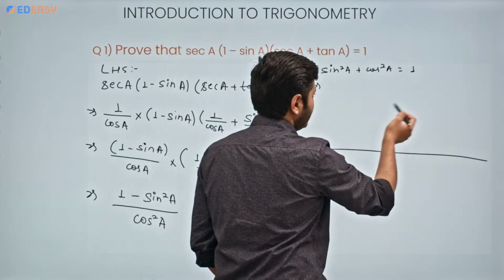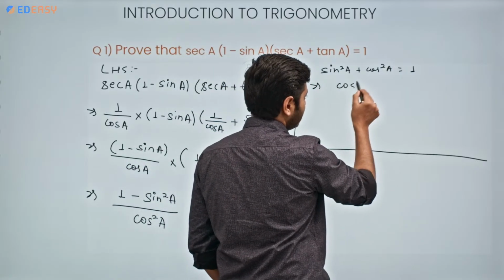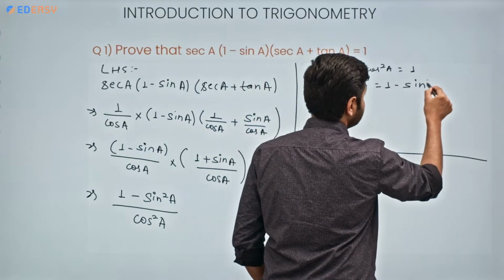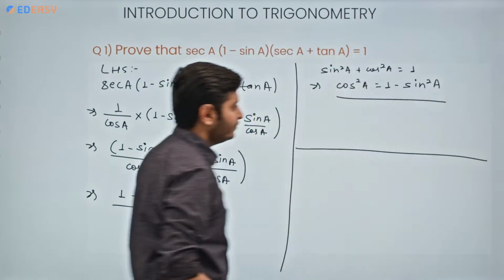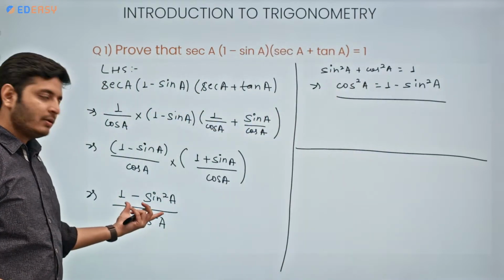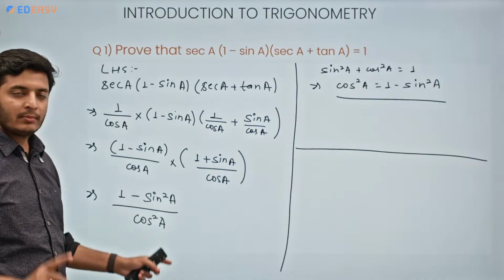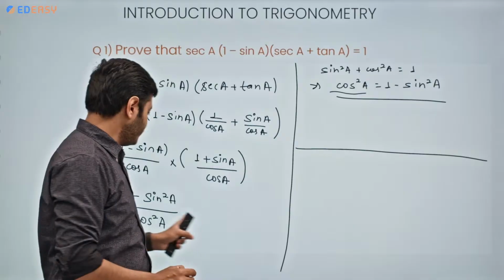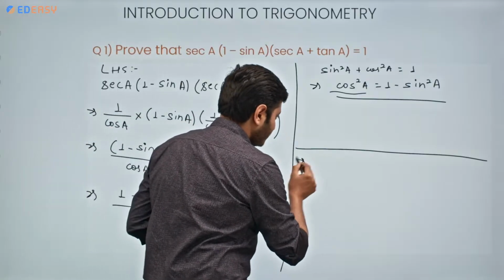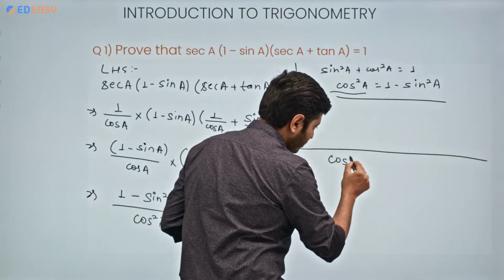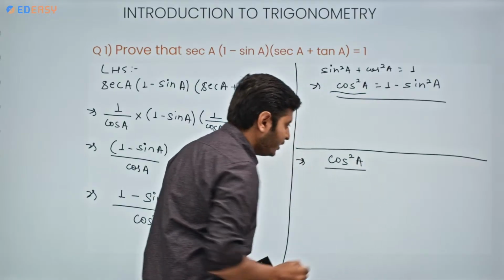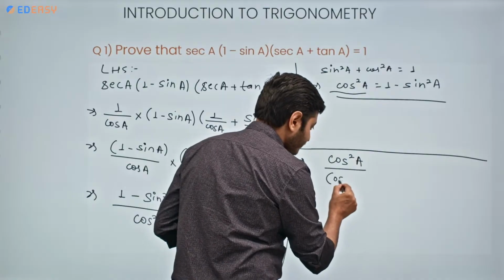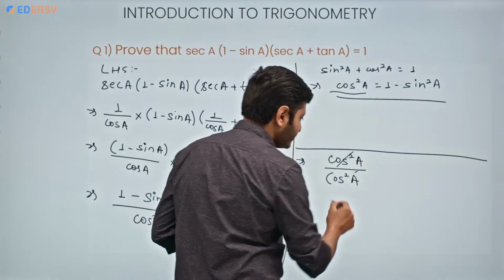If I transpose this sin square A to the right side, the equation will become cos square A is equals to 1 minus sin square A. Here I can see 1 minus sin square A, so in place of 1 minus sin square A, I can directly write cos square A. And in the denominator it is already cos square A. They are going to cancel each other.